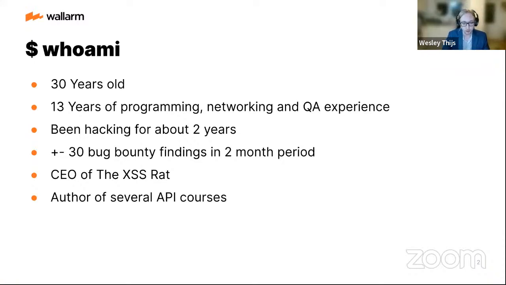And in a period of 2 months, I found 30 bug bounties that were valid. And at that point, I moved on and I became more of a pen tester. So that's what I do with my company now, mostly pen testing, with a heavy focus on APIs, of course.